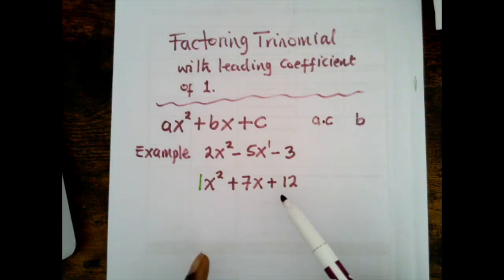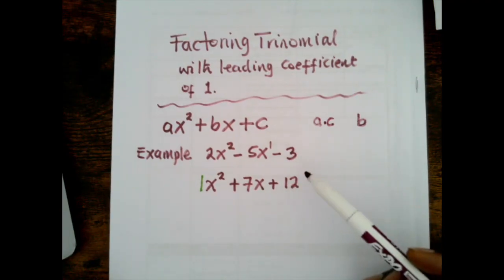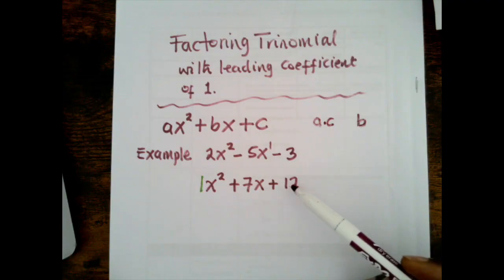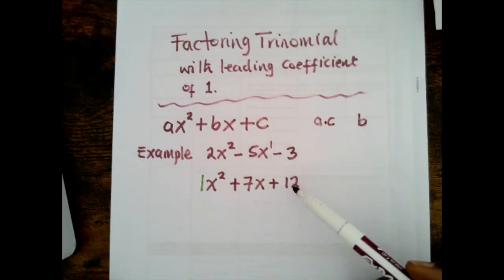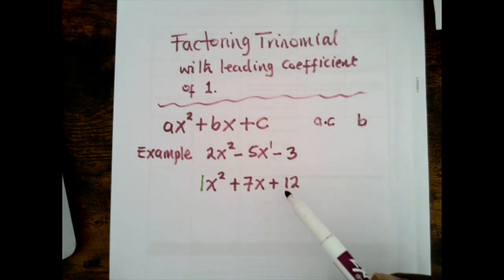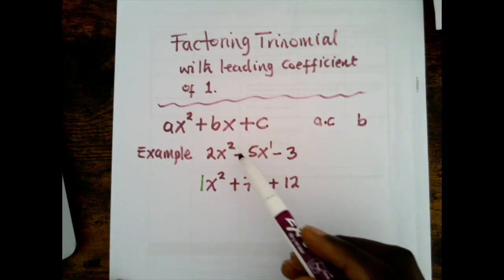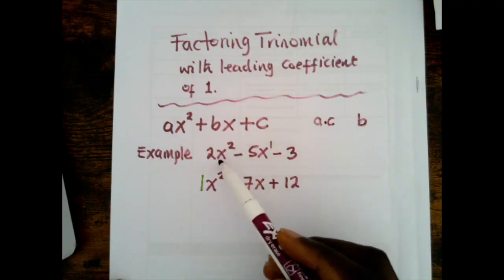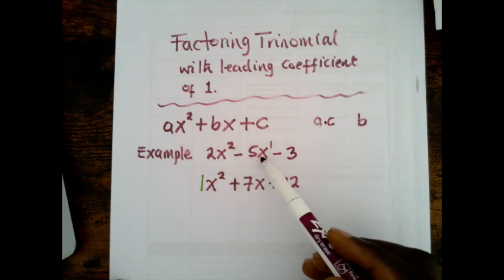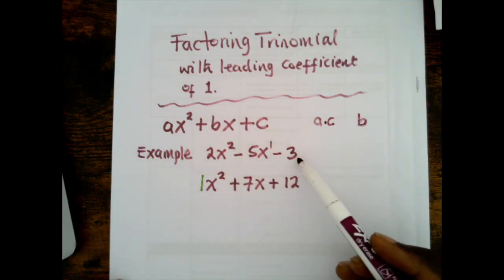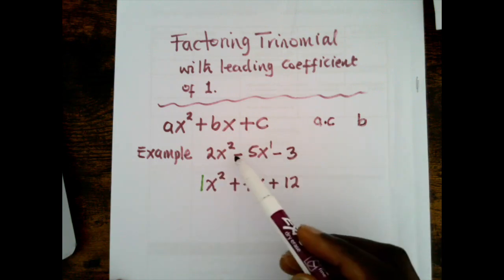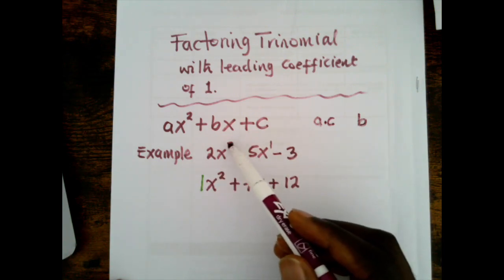So what do we do? If you have a trinomial like these 2 examples and you want to factor them, we recommend that you write them in standard form. Standard form means you rearrange the terms so the one with the highest exponent comes first, followed by the next highest exponent, then the constant. In this example, the highest exponent is 2. The exponent is the power.